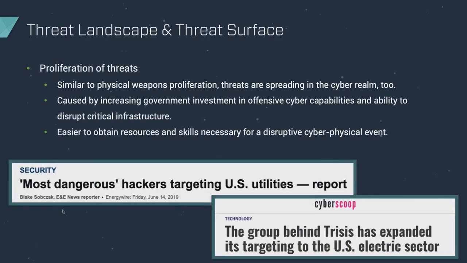There's also this idea of the proliferation of threats. This is something that we obviously saw that was very similar to nuclear weapons proliferation, that concern there. But threats are also spreading in the cyber realm as well. Why is this? Well, governments are increasingly investing in offensive cyber capabilities and the ability to disrupt critical infrastructure.